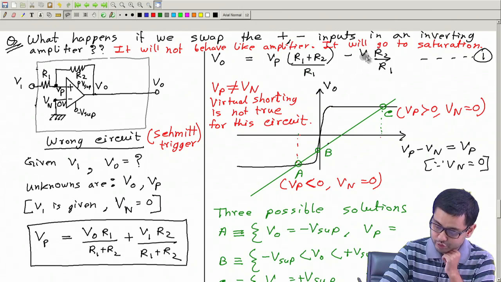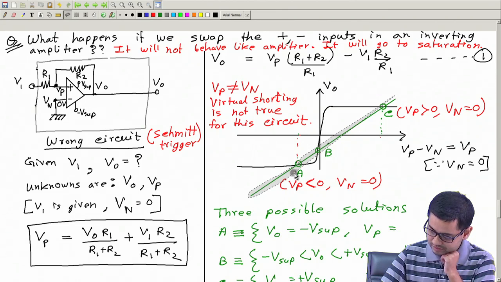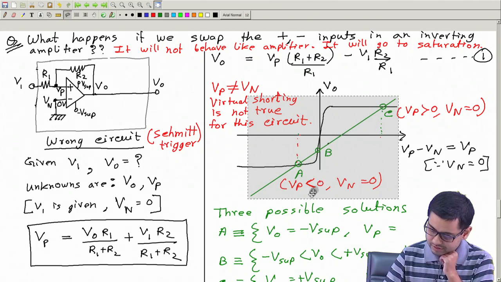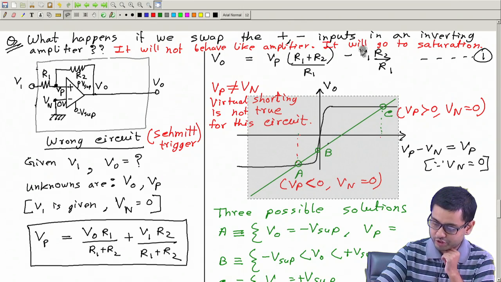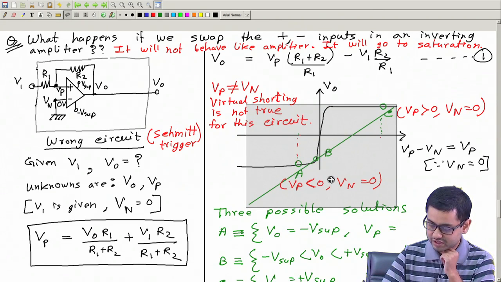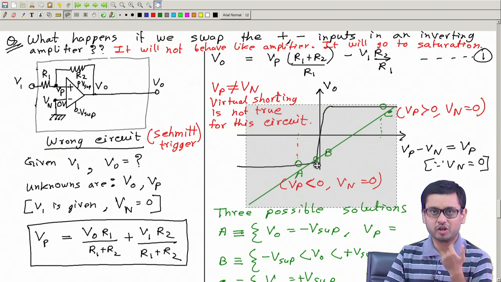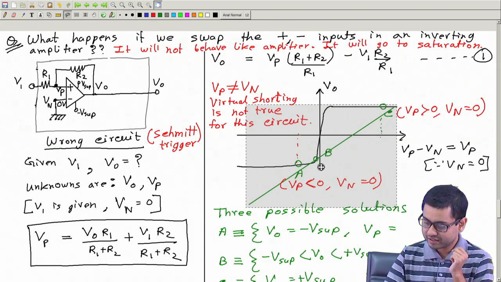If I increase V1, the green curve will come down because the y-intercept becomes further negative. Point B, the unstable solution, is changing, but don't bother about that.